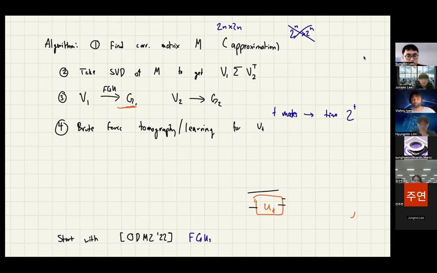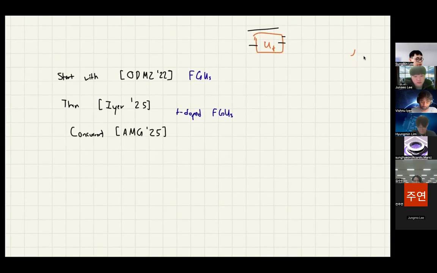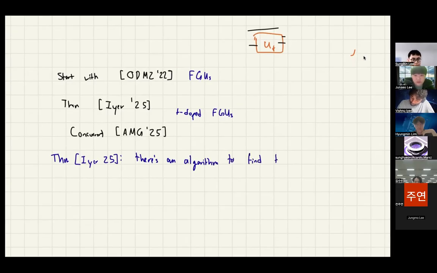I do give another theorem in my paper. There's an algorithm to find t, but only in what's called the Frobenius or the average case distance.